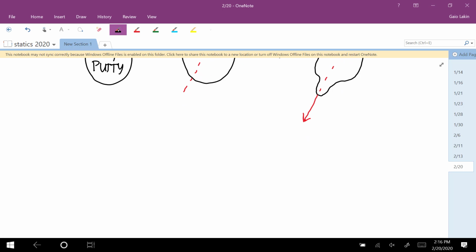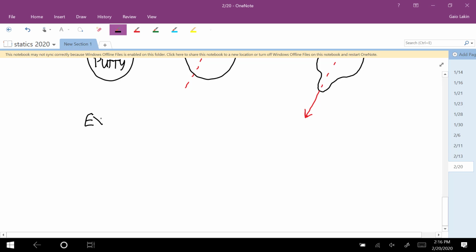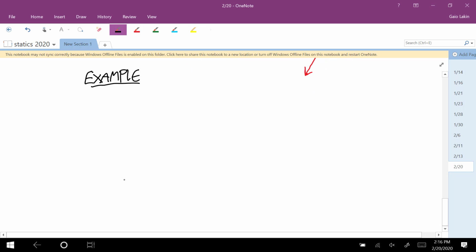Okay, so let me do an example. Let's say there's this guy exercising. I've never seen anyone do this kind of exercise, but it could be, I don't know. I'm not a big exerciser. And this is against the wall.